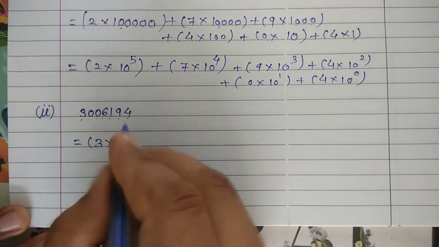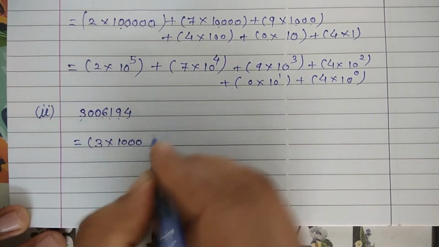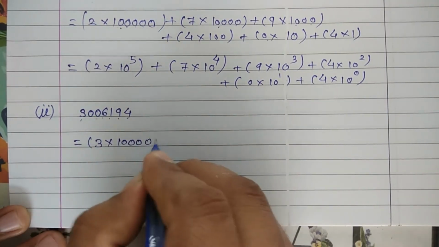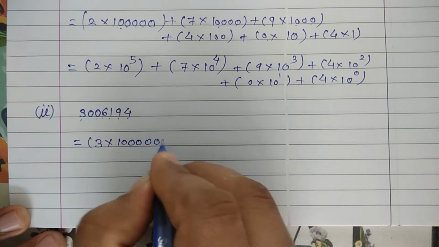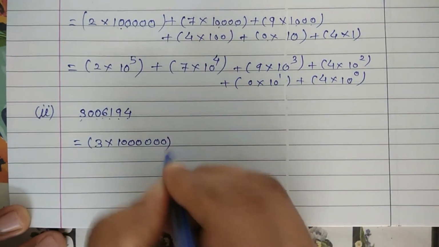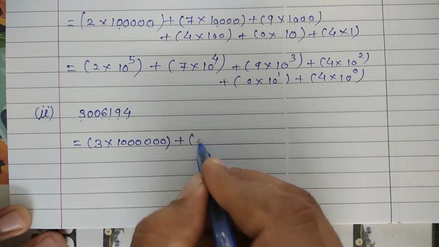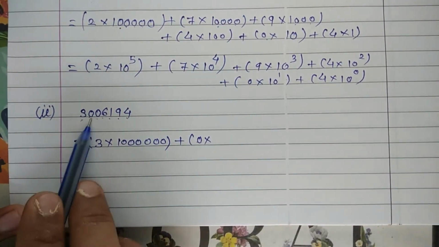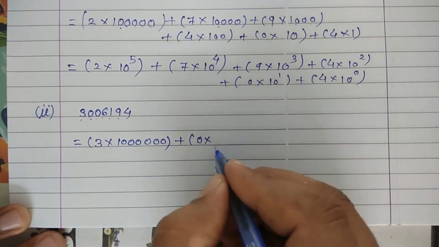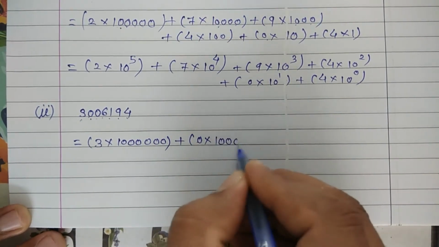So we will multiply 3 with 10 lakh. Then plus 0. So 0 multiplied by, which place is it? It is at lakh. So we will multiply with 1 lakh.